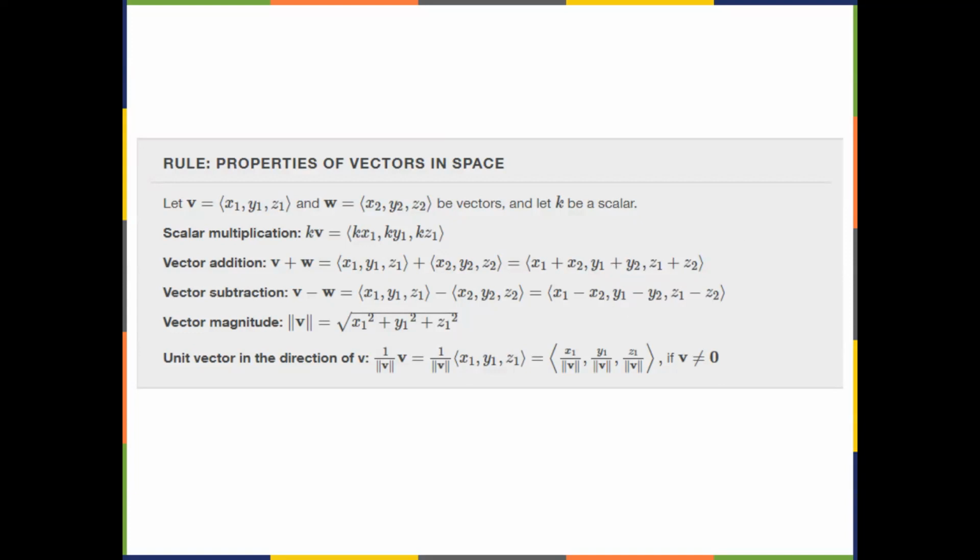But I'll try to get you guys an actual formula sheet, unless maybe I just give you the properties. I don't know. I haven't decided yet. You're definitely getting something. I just don't know if I'm making it or if I'm going to find it. All right. So you can see your scalar multiplication there, your vector addition, your vector subtraction, your vector magnitude. All that should be pretty not scary and just be able to use it. Okay.